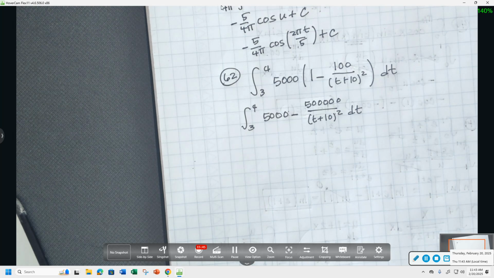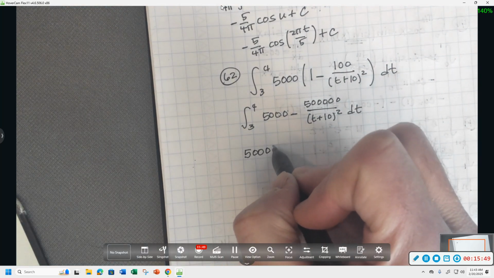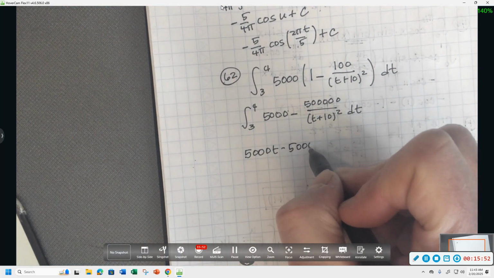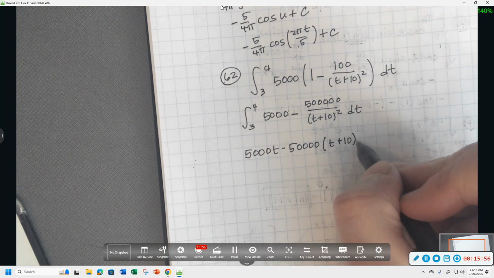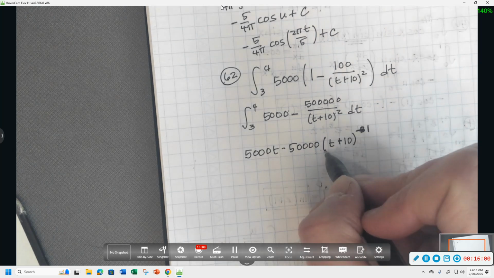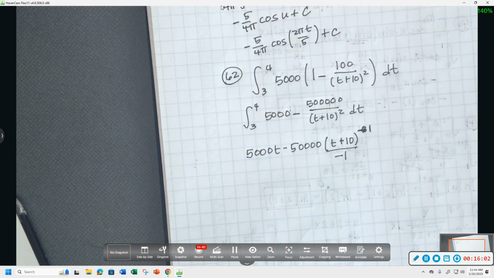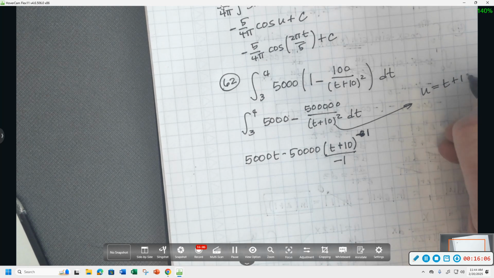Integral. Can I just do this? Can I go 5,000 t minus 500,000 (t plus 10) to the negative 1, sorry, negative 1, over negative 1? I mean, I could let u equal t plus 10.